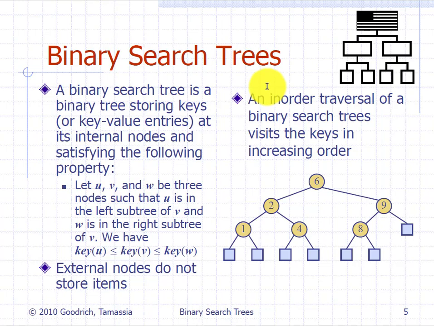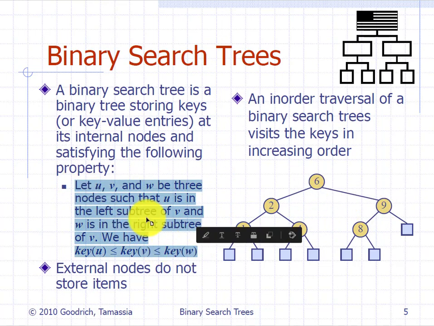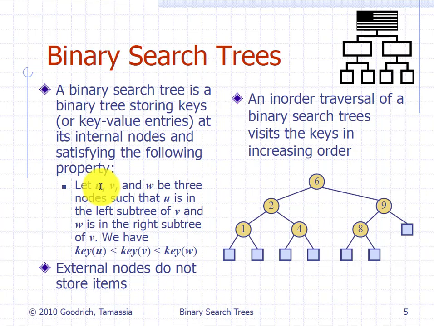If you have a binary tree, we can only call it a binary search tree if it has this property. And this property simply says that if you have three nodes, let's say U, V, and W. I would love to write it in if I could.